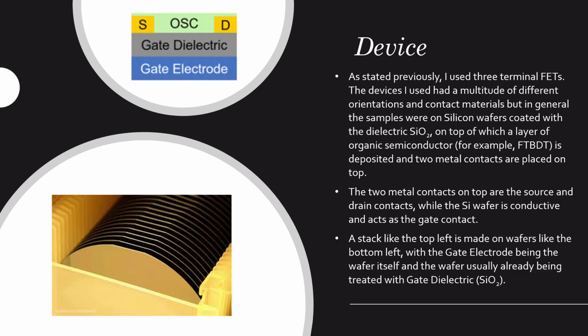First, before going on to the measurements, I want to briefly talk about how the device is manufactured. The device I used had a multitude of different orientations, but in general, the samples were on silicon wafers, which you can see on the bottom left, that were coated with a layer of silicon dioxide, which is the dielectric, on top of which a layer of the organic semiconductor, for example FTBDT, is deposited and two metal contacts are placed on top.